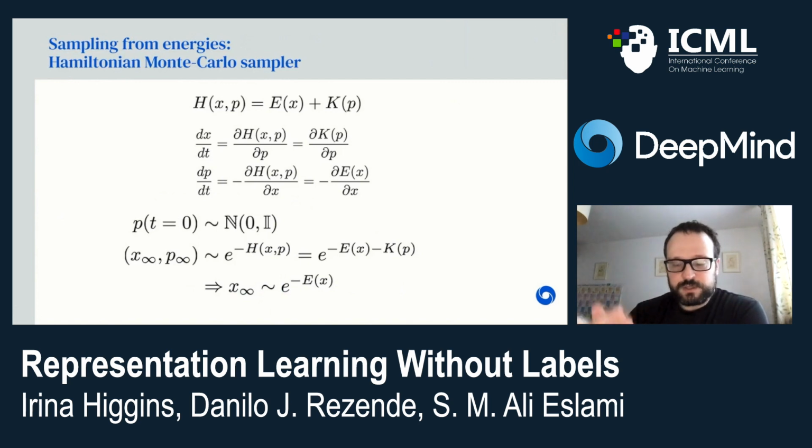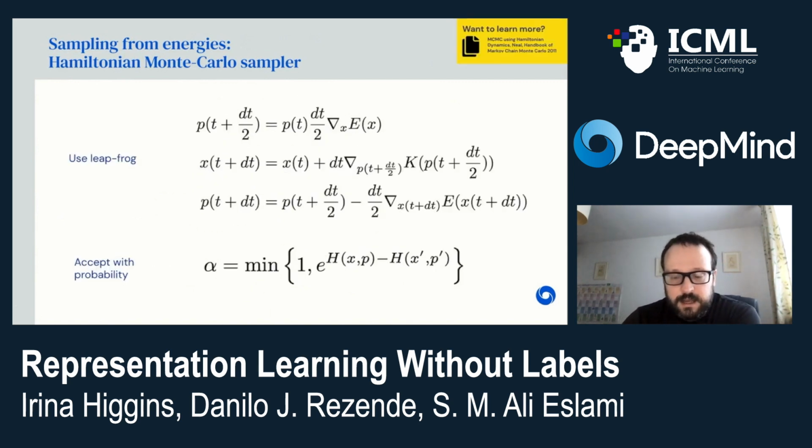We sample initial momenta from a Gaussian and then evolve the momenta according to the Hamilton equations of motion indicated above. And in continuous time, it is also guaranteed that the marginal distribution over the position x will match the target density. Again, the same thing that happens with the Langevin sampler. On the computer, we have to discretize time, and that introduces an error in the sampler. And the way to fix that is with an acceptance probability, which is calculated in the formula below.